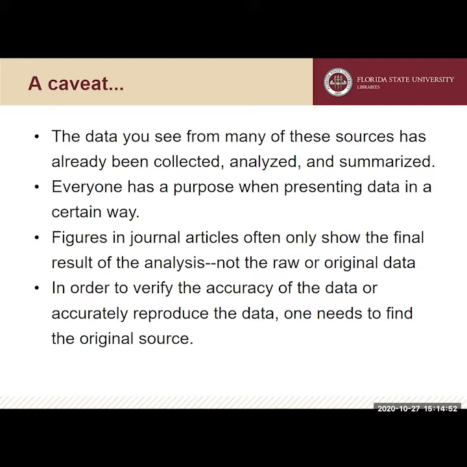But in order to verify the accuracy of the data or to reproduce it in your own experiments later on, it's really important that you're able to find the original source of that data, the raw or original data, to see what the researcher collected, so that you can independently verify whether that final representation is accurate and whether it's being presented in a coherent way, and evaluate it for yourself.